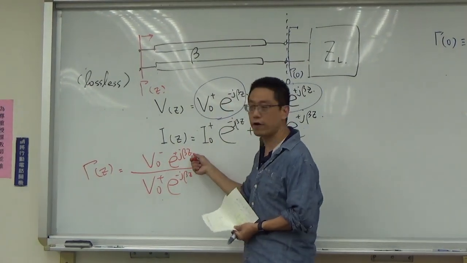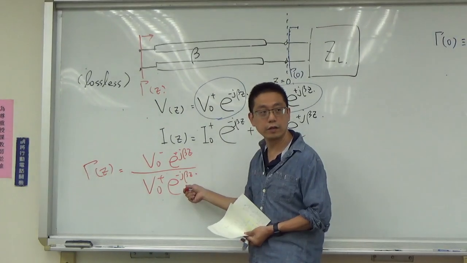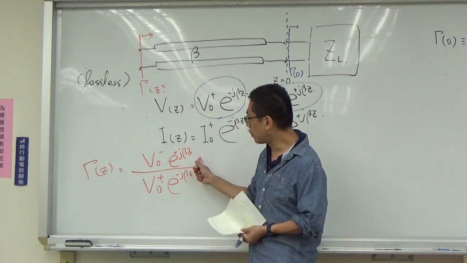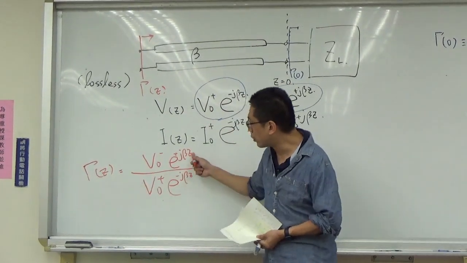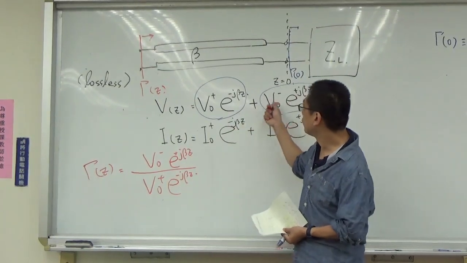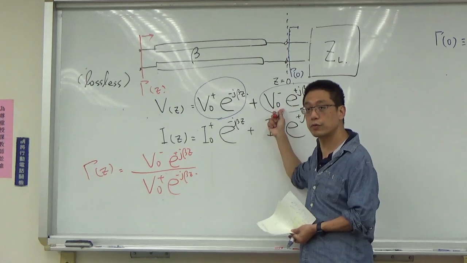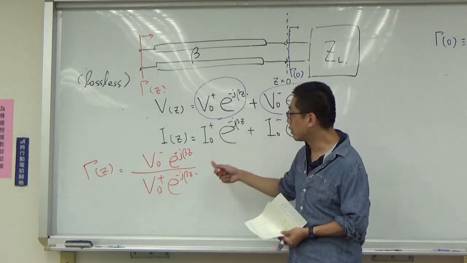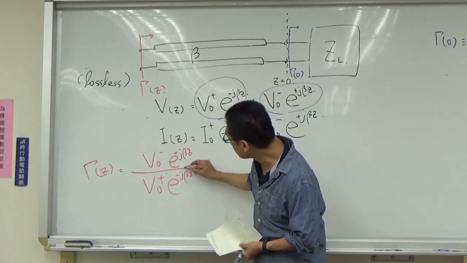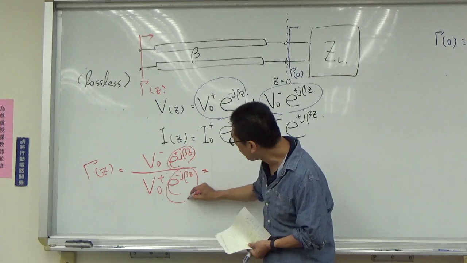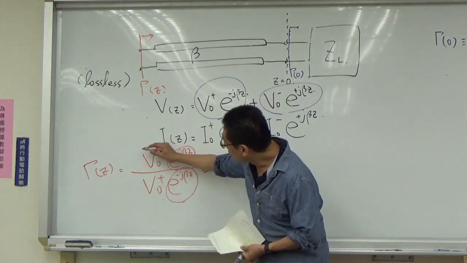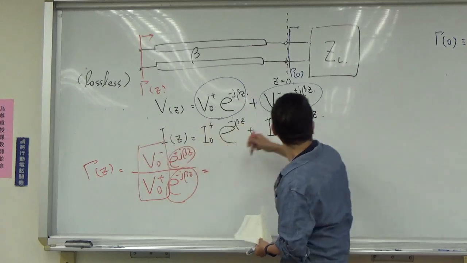Reverse over forward. So it is the ratio between these two voltages. It is a reflection coefficient. So it is a function of z, you can see that they are the same, right? So for this part, it is here.